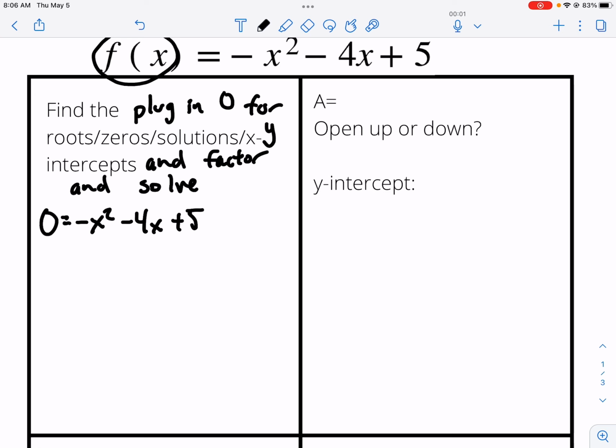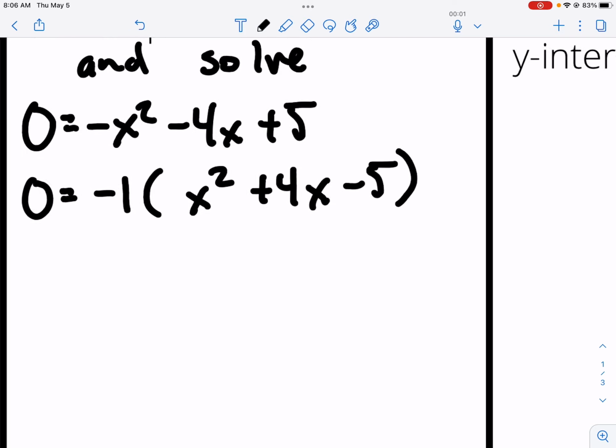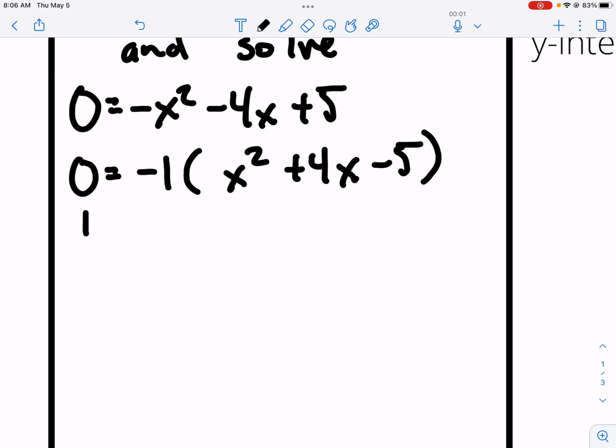From here, we do want to factor, but before we factor, we should probably take out that negative in front, because that negative makes things kind of annoying. So let's factor out a negative 1. That will change the sign of everything else to positive x squared plus 4x minus 5. Now we can factor over here. Let's go factors of 1 is 1 and 1, and factors of negative 5, that will get us to 4.